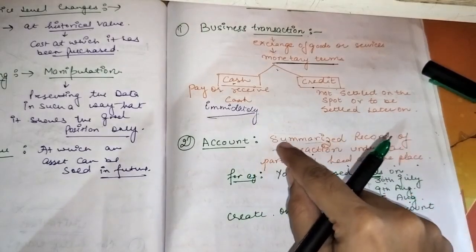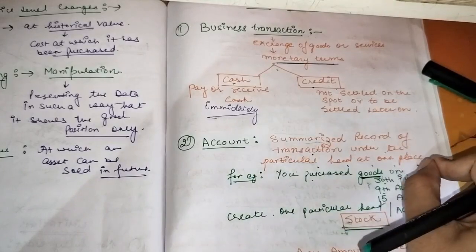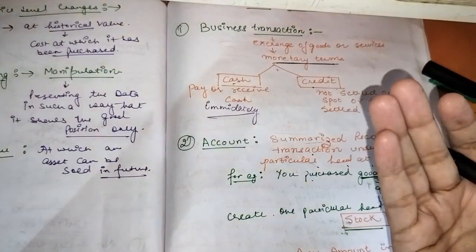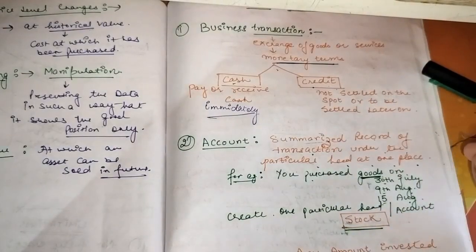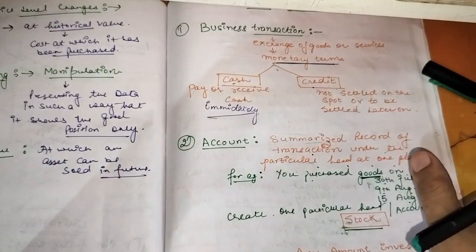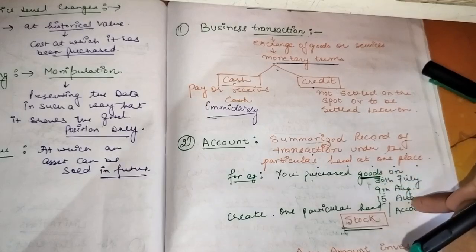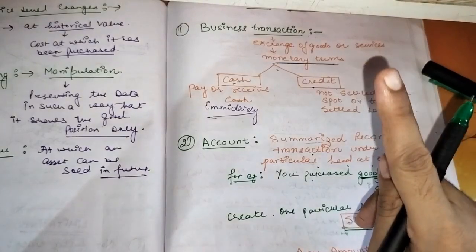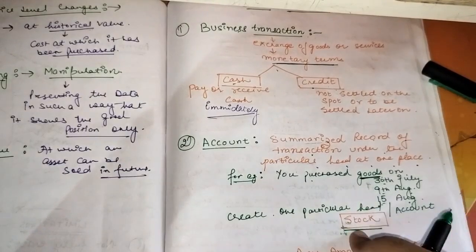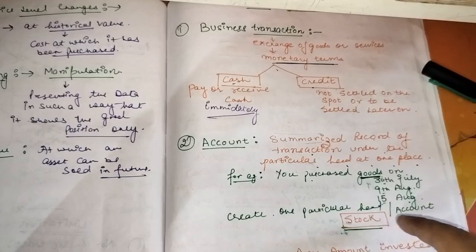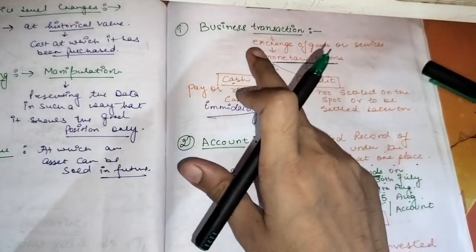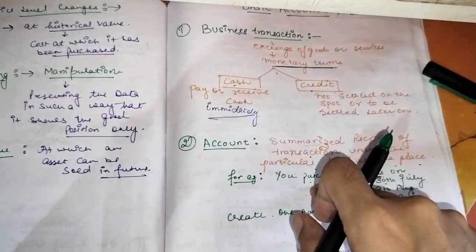It is the summarized record of the transactions that have been undertaken on different dates, like in this example, 30th, 9th of August, 15th of August and so on. These goods have been purchased on different dates, so one particular head for them will be created, which is stock. All the transactions related to stock will be recorded under this one particular head. So two are very much clear, I think, business transaction and account.